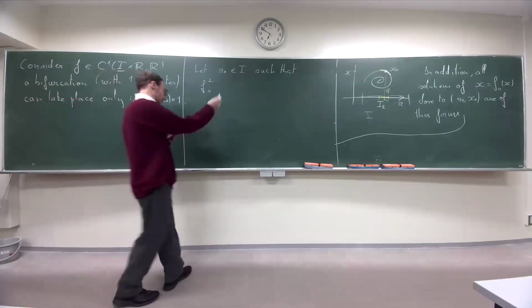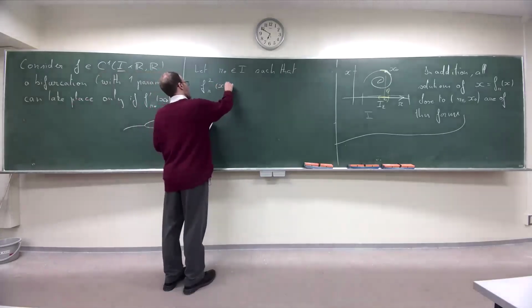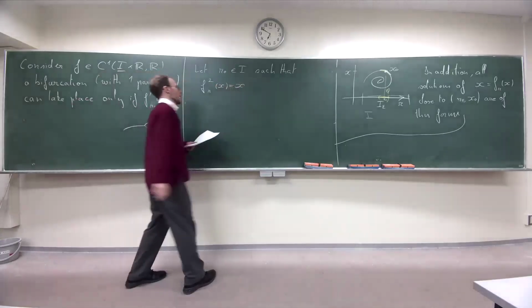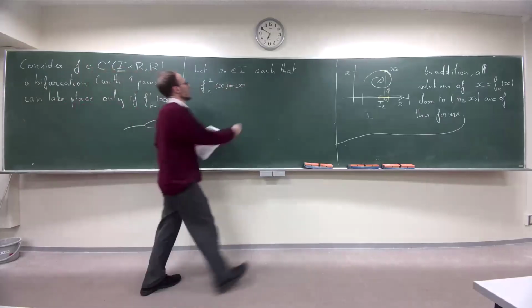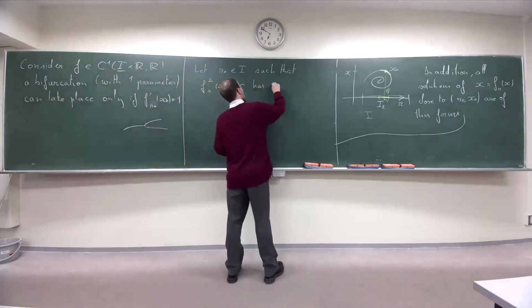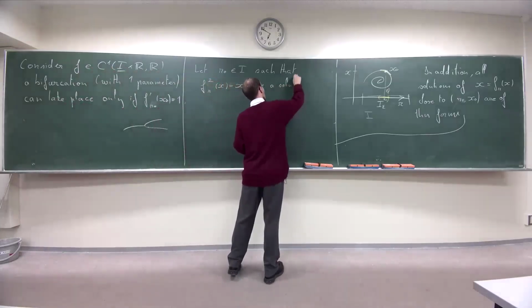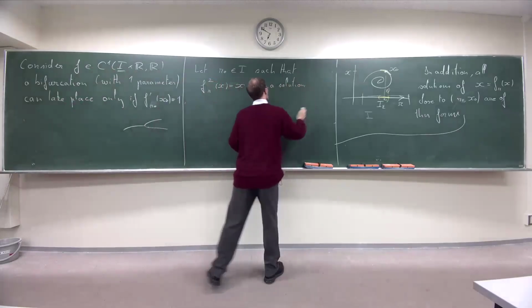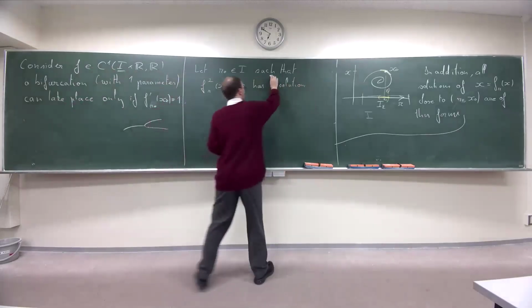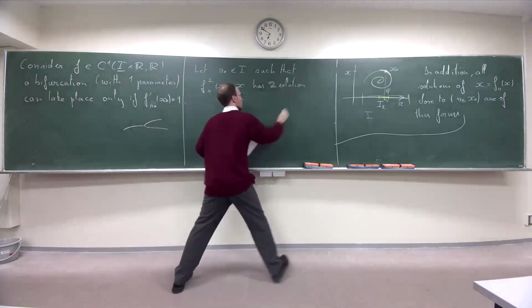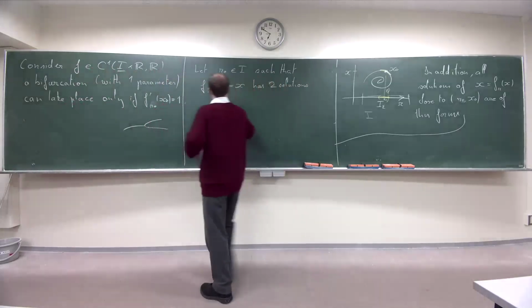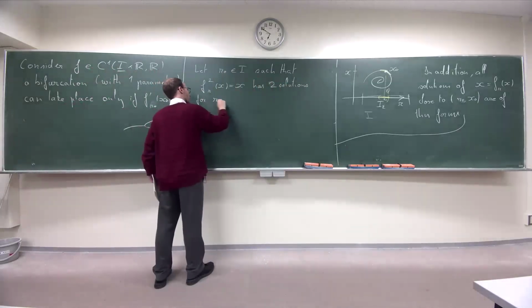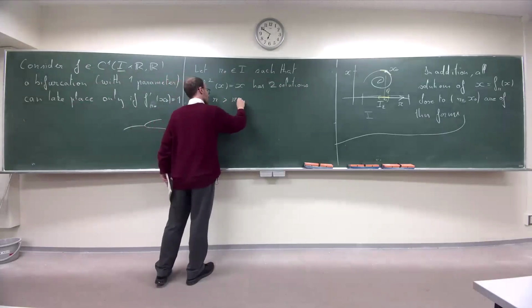So I consider this, and I assume that this equation with the 2 has a solution. In fact, it has two solutions for R bigger than R0.